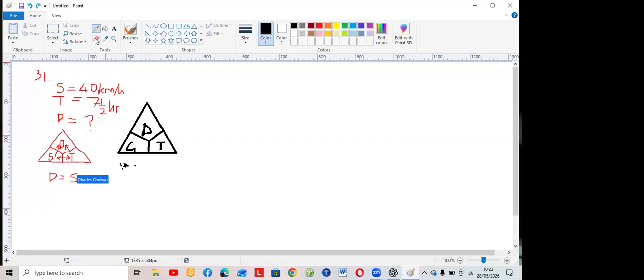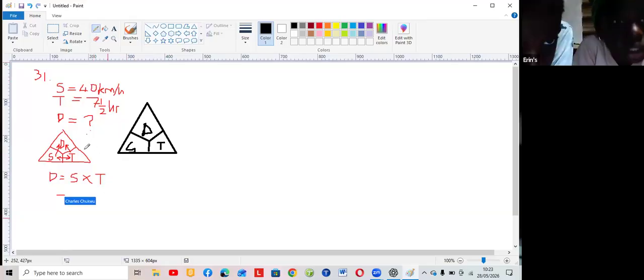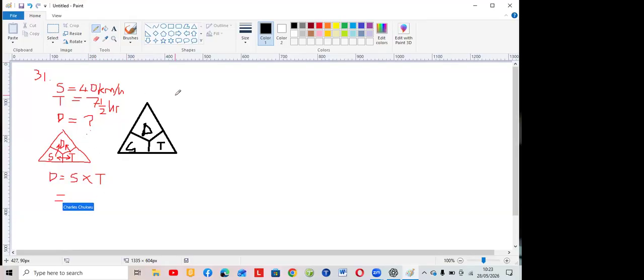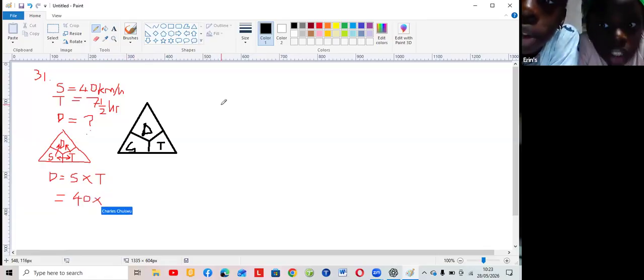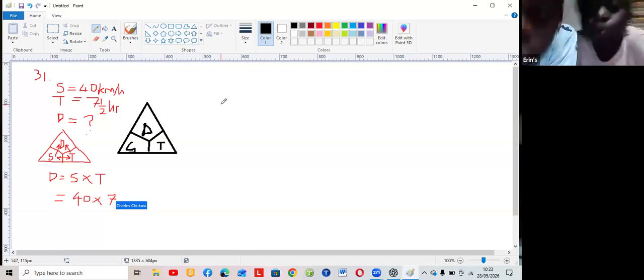So S times T. Now, how do we handle this? S times T means 40 times 7.5. You change it to an improper fraction, 15 over 2. So 40 times 15 over 2.